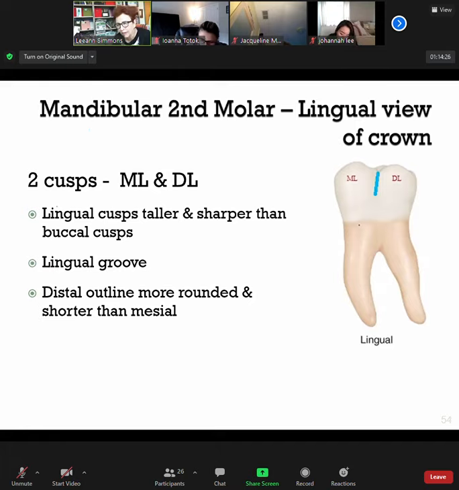And again, those cusps are going to be taller and sharper than their buccal cusps. This is a repetition of the first molar actually too. Distal is more rounded and shorter than the mesial. And there is a lingual groove shown here in blue.